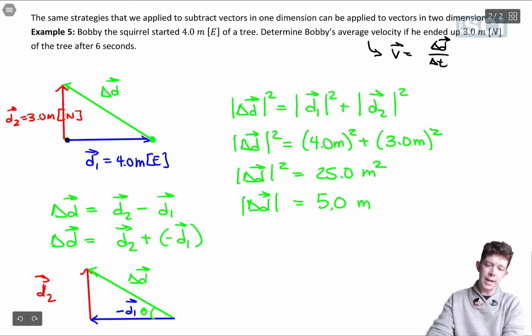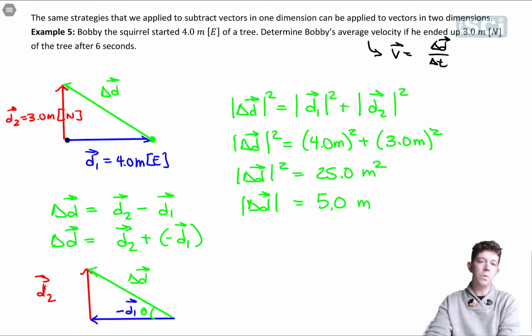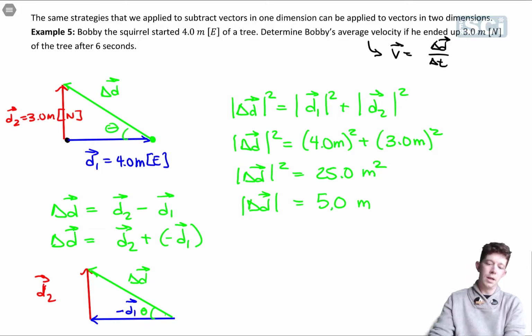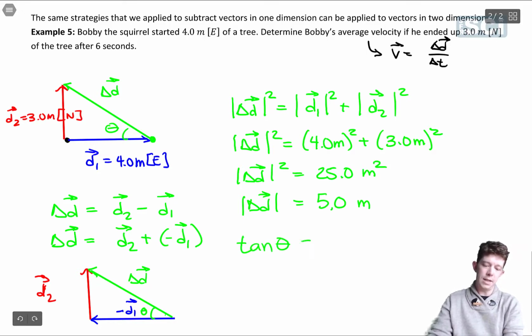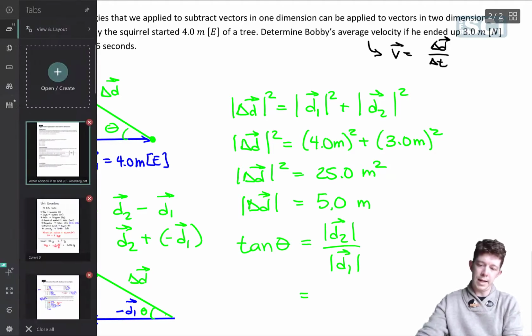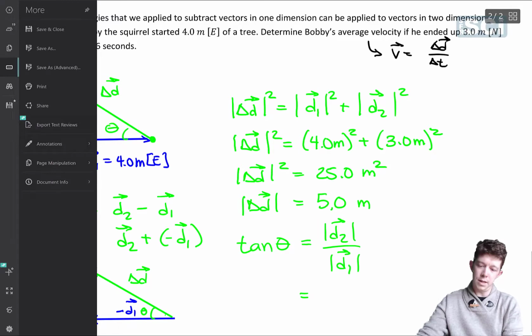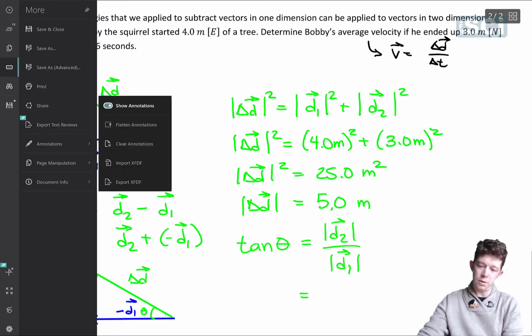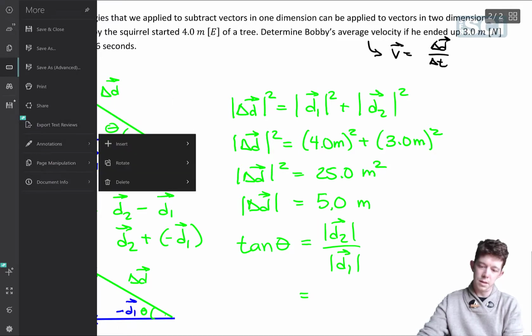So the direction, again, I'm going to use tangent ratio because I have the opposite side and the adjacent side to the vector I'm looking for. So I'm going to say tangent theta is equal to the D2 vector divided by the magnitude of D1 vector. And I'm going to just add in a page here. So page manipulations.